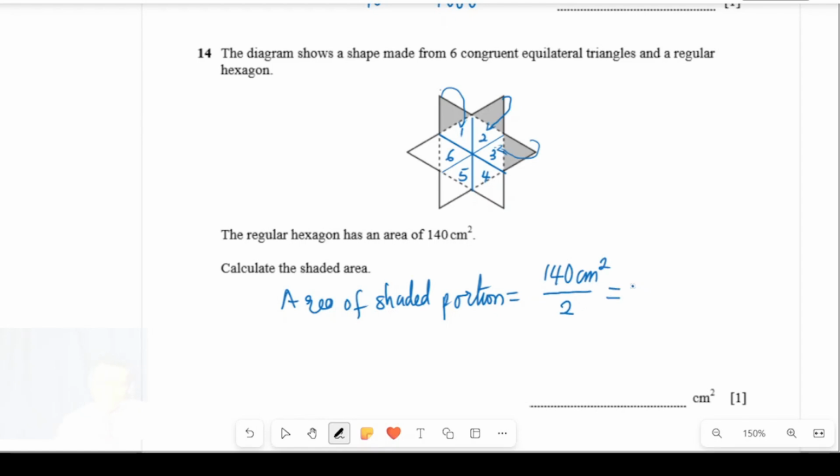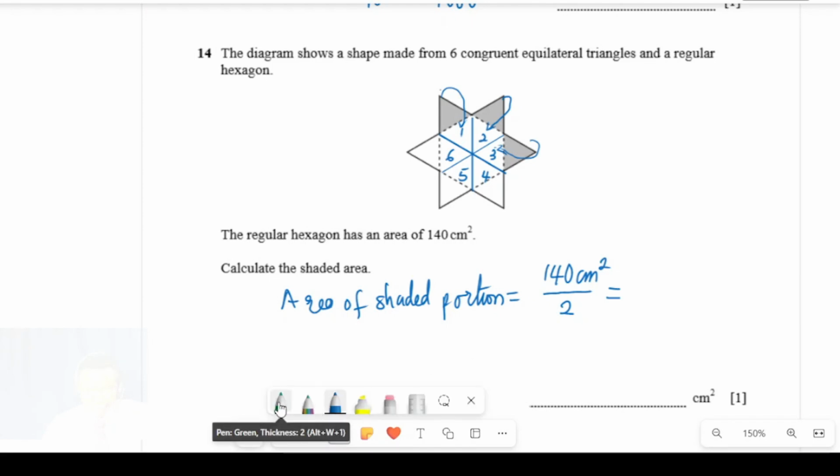Because there are 6 of them, then 3 of them are shaded. What fraction of the hexagon is shaded? So let's shade this part here. Let me pick a different color so that you can understand.